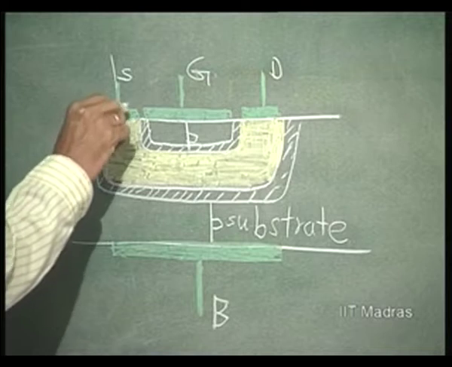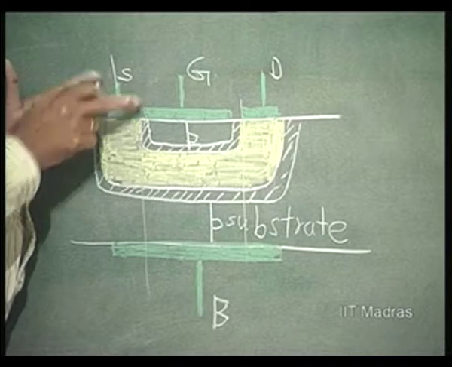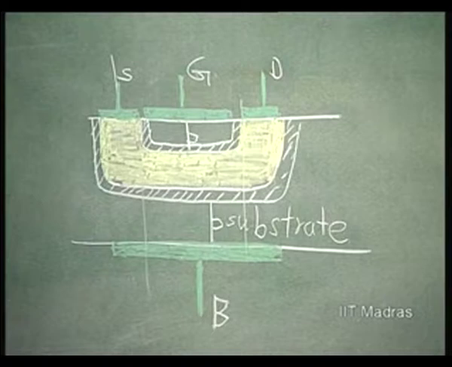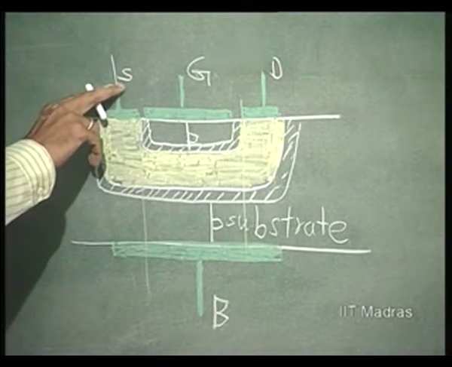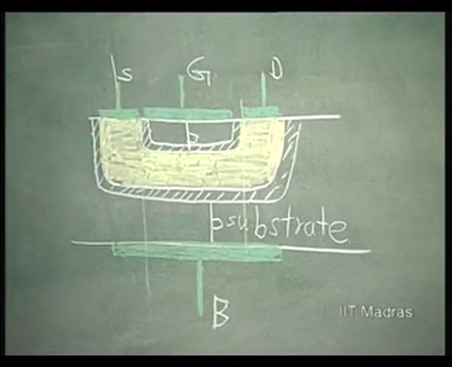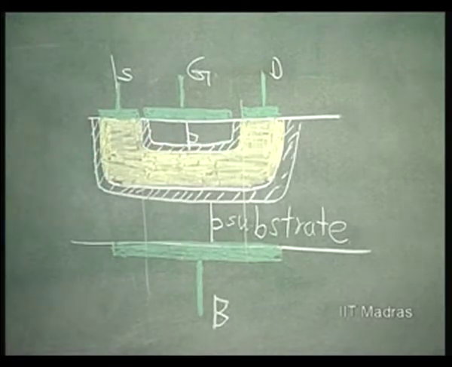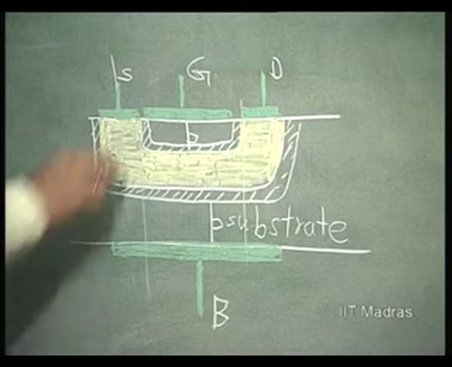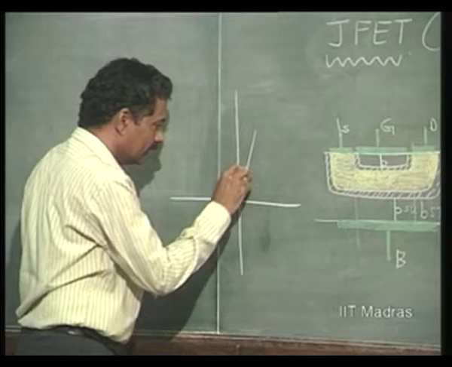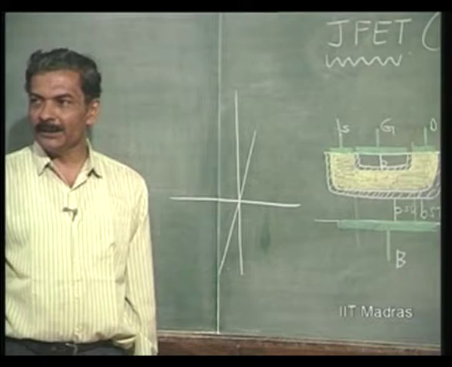Assume this is the channel length and there is a certain width here. The depth is fixed by the extent of reverse bias applied between gate and source. If VGS is 0, that is going to be a normal depth. That means this is going to be a plain old resistor for VGS equal to 0.